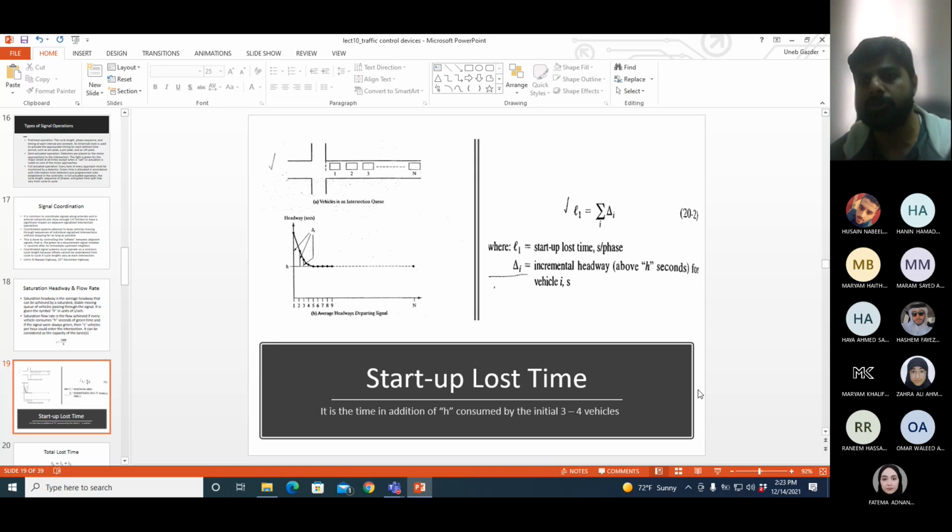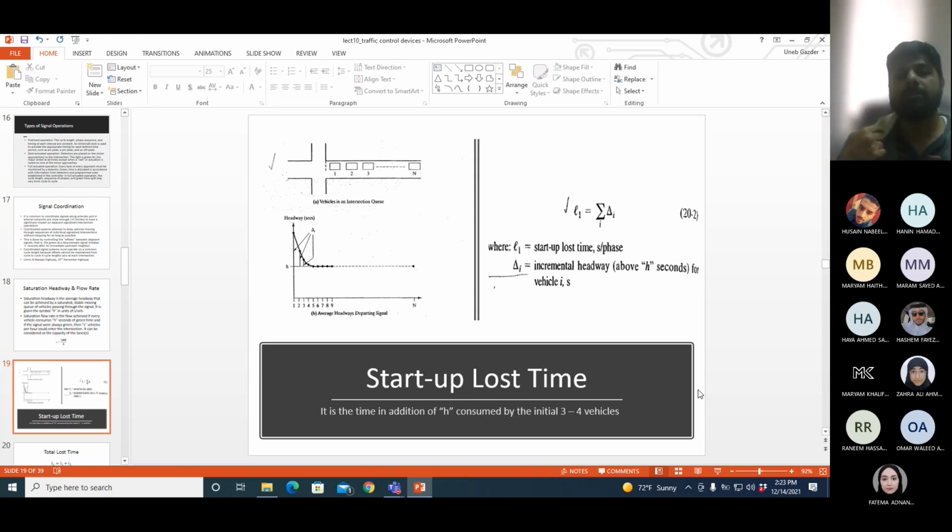Why do the first 2, 3 vehicles take more time? The reason is when the signal became green, the driver will take some time to get prepared to move, putting the phone away, changing the gear, or talking to some guy. So he will take some time to get prepared, and when he reaches the stop line, his speed will be lower because he had less time to accelerate.